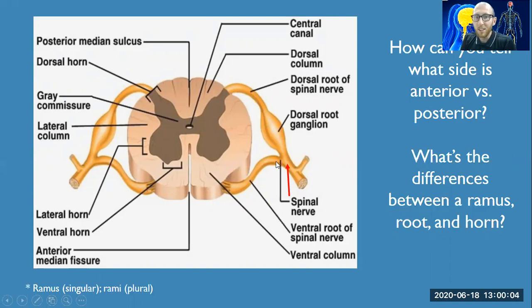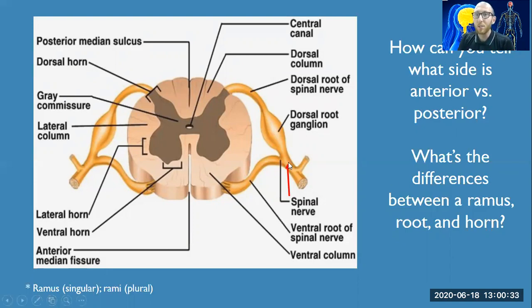So before we talked about roots, dorsal root ganglion, but now within the gray matter, we have a dorsal horn, anterior horn or ventral horn, and a lateral horn. So 3 different horns that make up this gray matter. Those are important to note in some future slides.